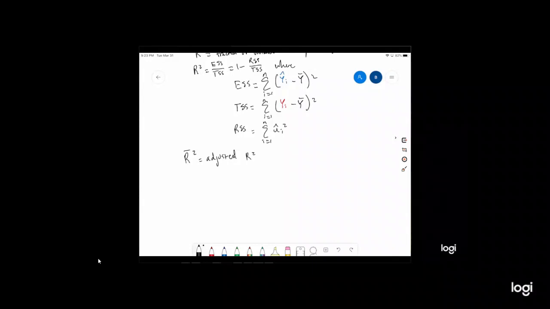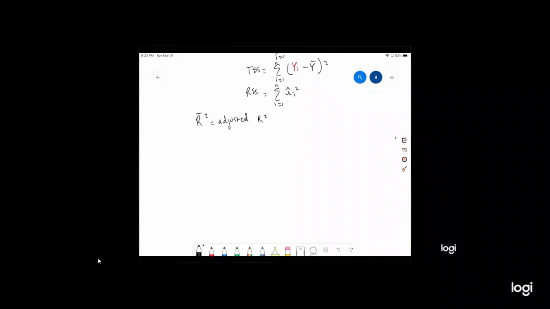And this is something you should remember: the adjusted r squared has to be less than or equal to the regular r squared. So the adjusted r squared with a degree of freedom correction has to be less than or equal to the regular r squared. So it penalizes the regular r squared for including another regressor in the model.